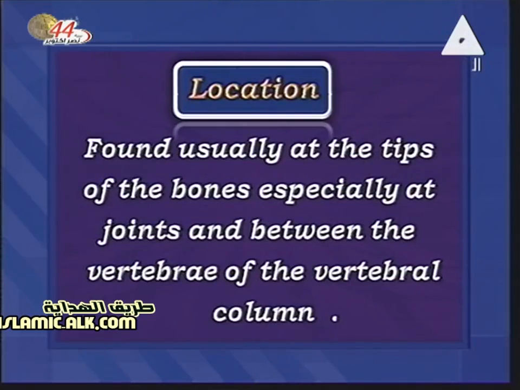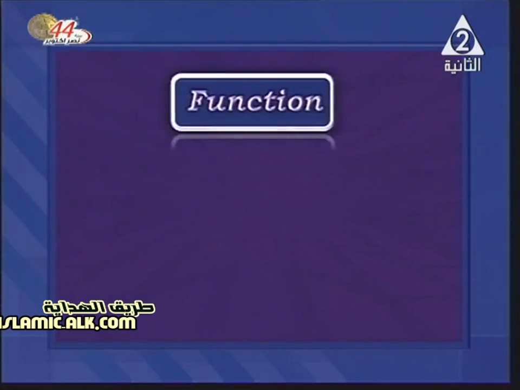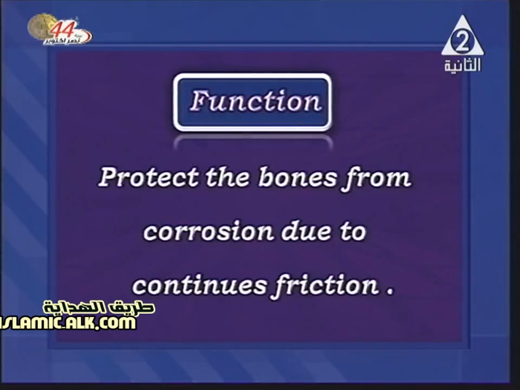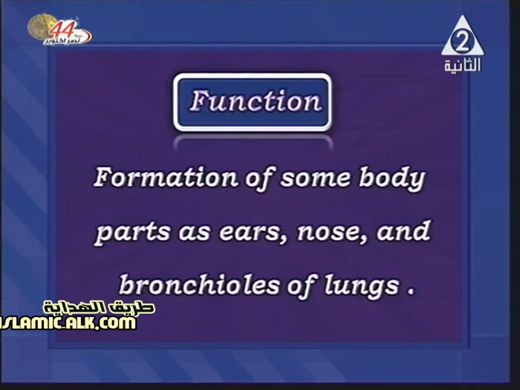And what is their function? They protect the bones from corrosion due to the continuous friction between the bones, and also they form some body parts like nose, ears, and bronchioles of the lungs.